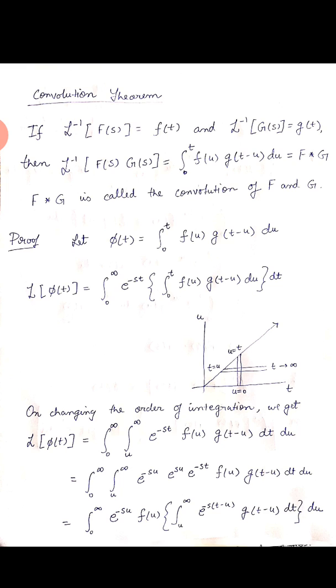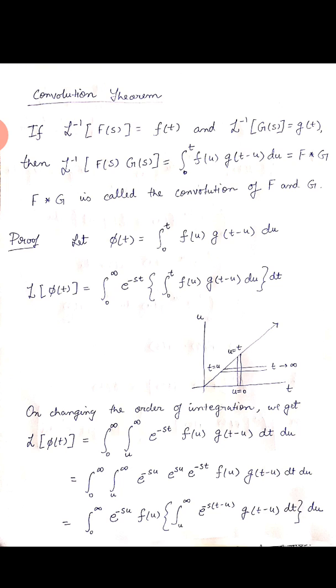And the integrand we have is e raised to the power minus st times f(u) times g(t minus u). To integrate this, we are going to write e raised to the power minus su and e raised to the power su. Since e raised to the power minus su and the function f(u) are independent of t, I can take them outside this integration.